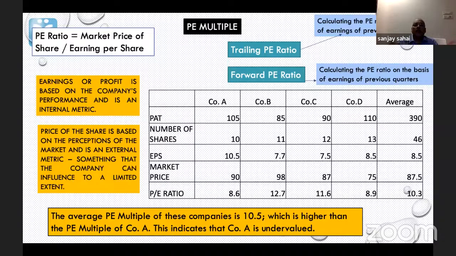They work very well. My marketing team does very well. I'm able to sell everything, and I end up with a very good profit. This is something which is in my control. I can take actions to ensure that I make a higher profit. Earnings per share is in the control of the company, it's an internal thing. But if I look at price of the share, the price of the share is ultimately based on the perceptions of the market.